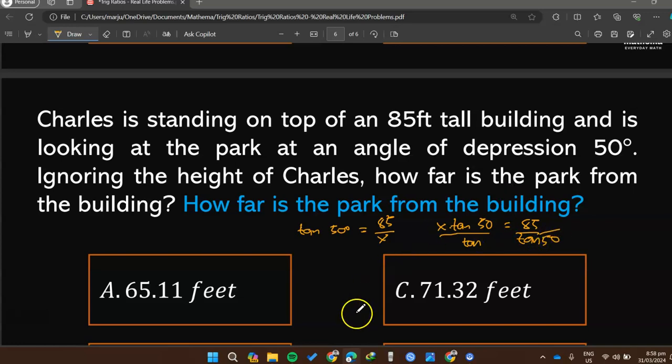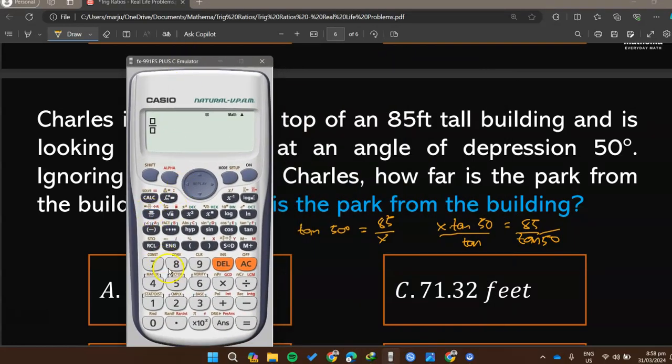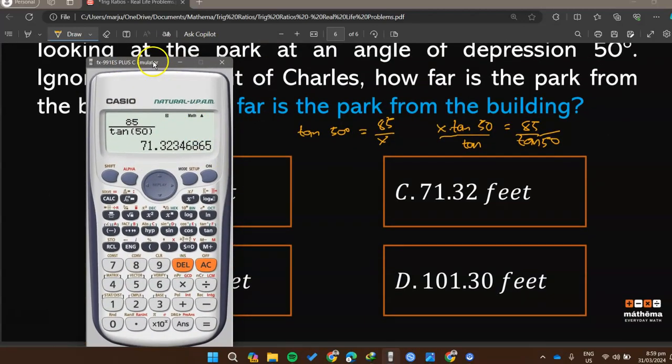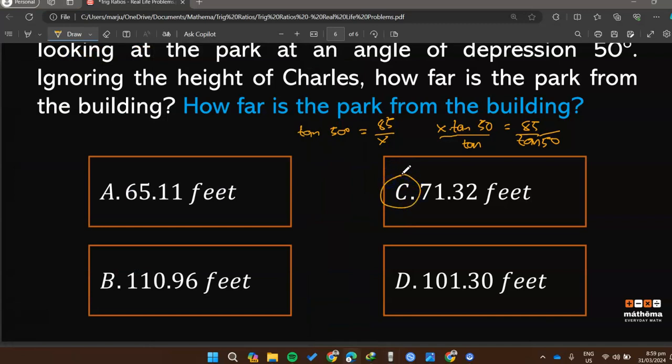So we have 85 divided by tangent 50 degrees. This gives us 71.32. That's letter C in our problem.